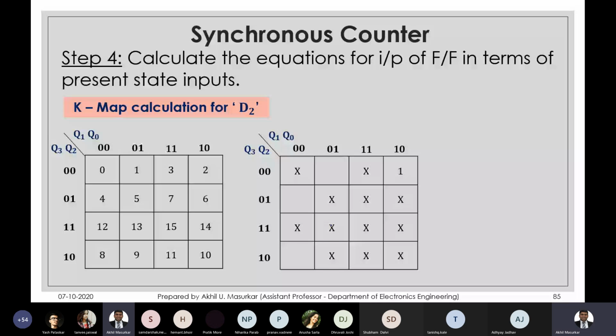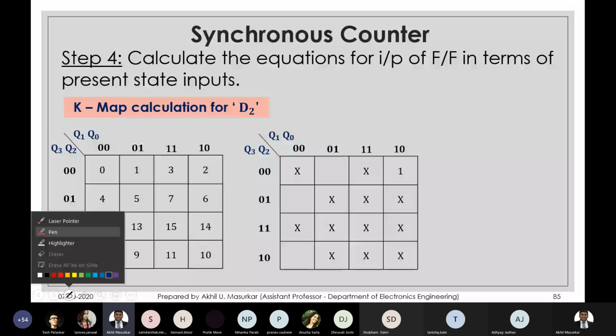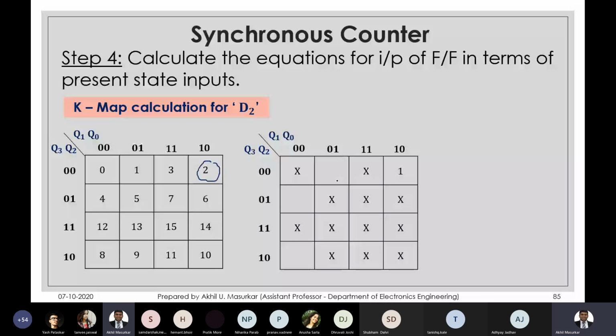You can now again see that in place of 2, we have a 1.